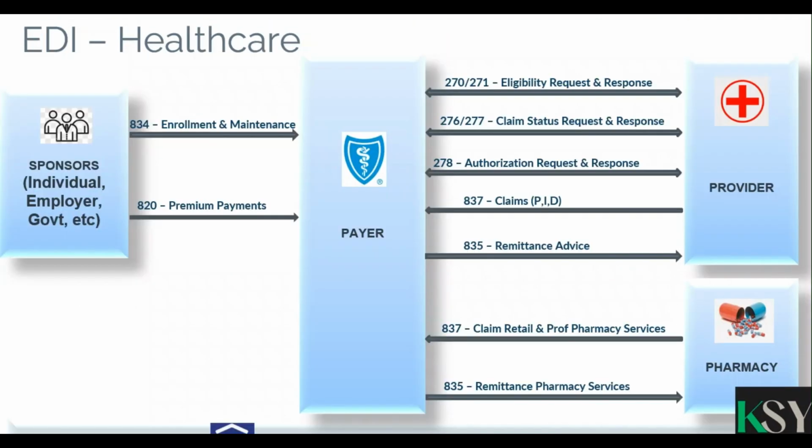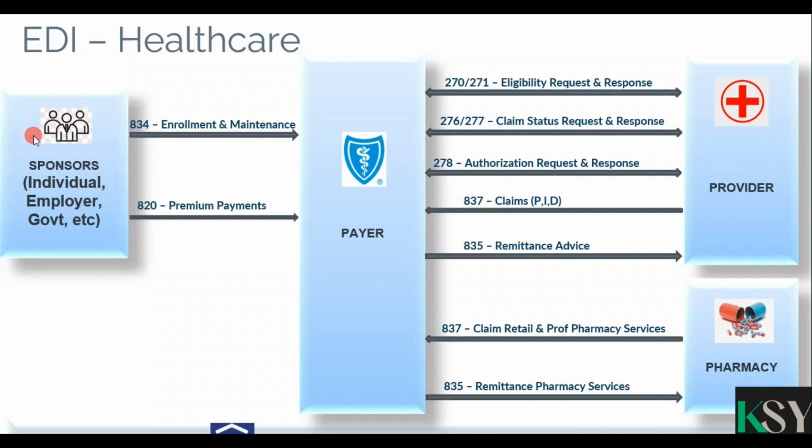Now, EDI in the context of healthcare, as I mentioned in my previous slides, we have different EDI transaction sets that were created for each purpose. If we understand this workflow, on the left, we have the sponsors. These sponsors are the employers or the government or the individuals.